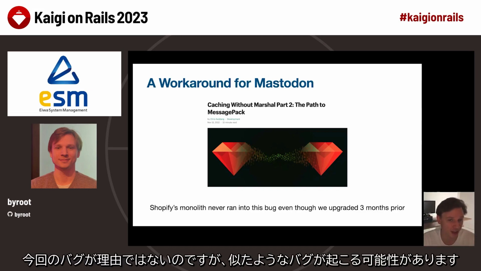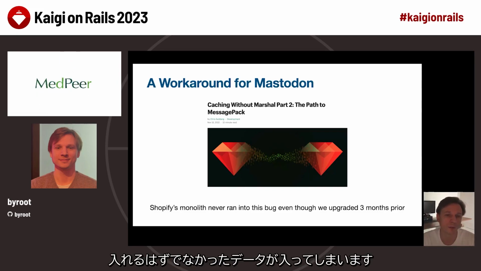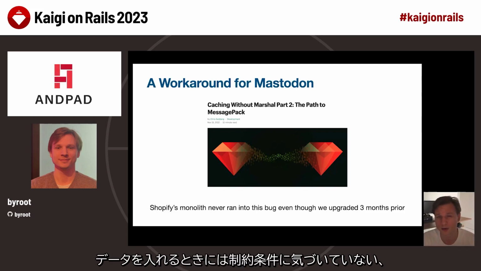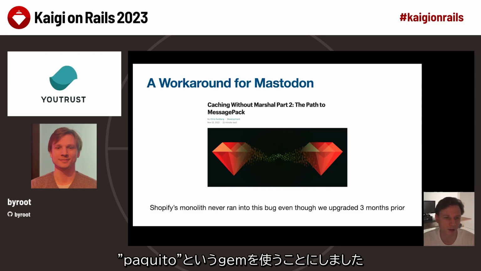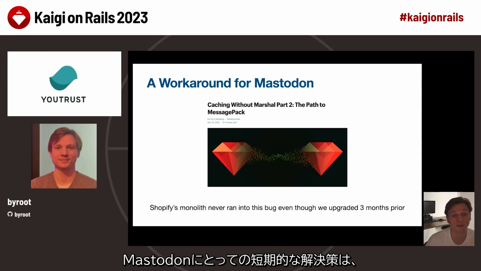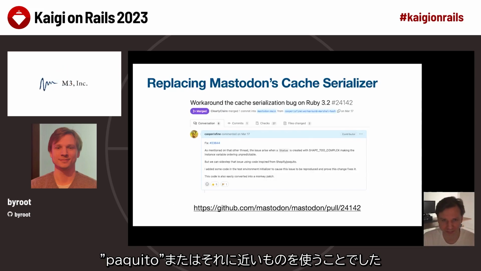Not this one specifically, but for many other possible errors with it, because it makes it way too easy to store data that you didn't quite expect to store, without quite realizing what the constraints are when you store them in cache. So instead, we used a custom serializer defined in a gem called Paquito. And so the proper short-term fix for Mastodon was to integrate Paquito, or at least something very similar.